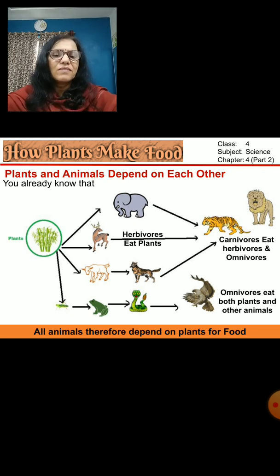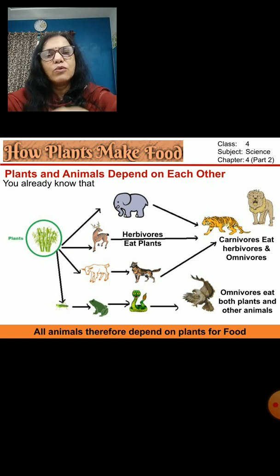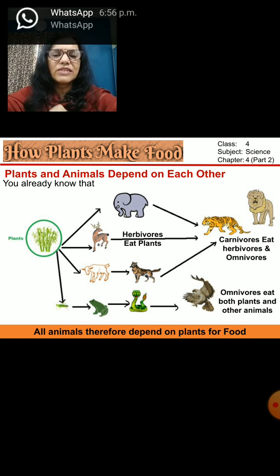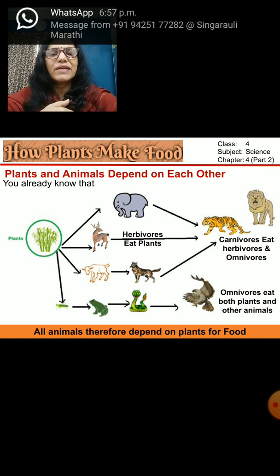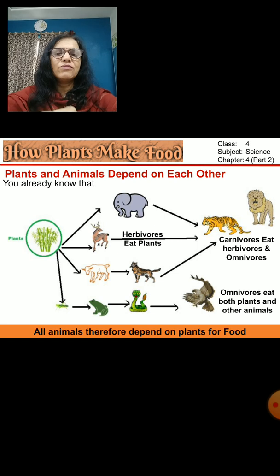Omnivores are the living things that eat both plant food and animal food. So this shows that all animals depend on plants for their food, directly or indirectly. You can see in the picture, herbivores eat the plants, and herbivores are eaten by the carnivores.